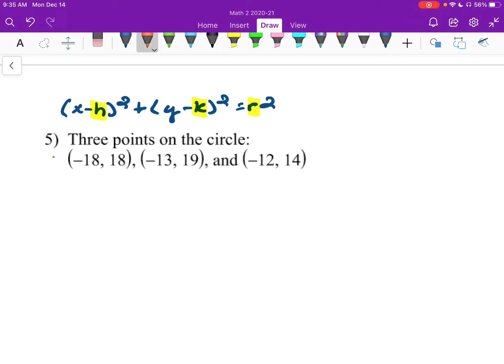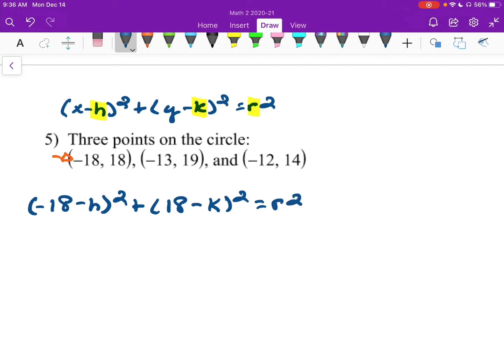In our first point, we know that the x value is negative 18 and the y is 18. So I could make a formula here and say, negative 18 minus h squared plus 18 minus k squared equals r squared.